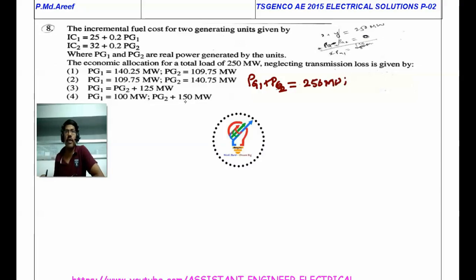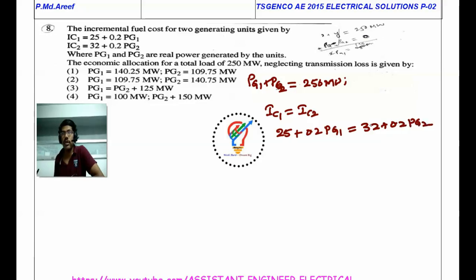Pg1 plus Pg2 has to supply a load of 250 megawatts. For economic operation, IC1 should be made equal to IC2. So 25 plus 0.2 Pg1 is equal to 32 plus 0.2 Pg2. Solving this, Pg2 minus Pg1 is equal to 35, equation number 1.